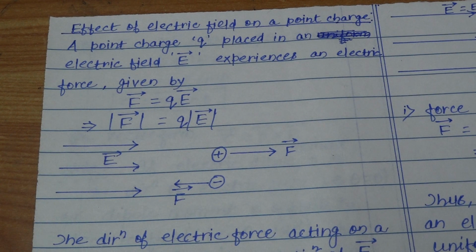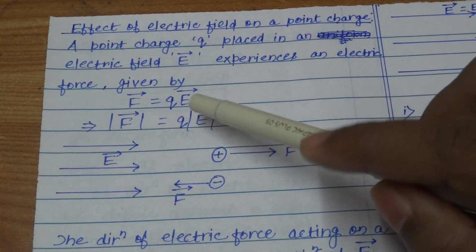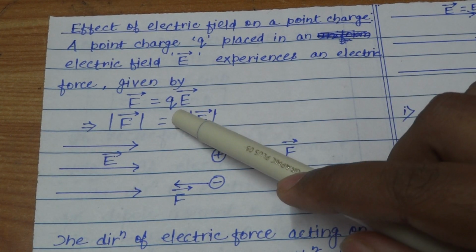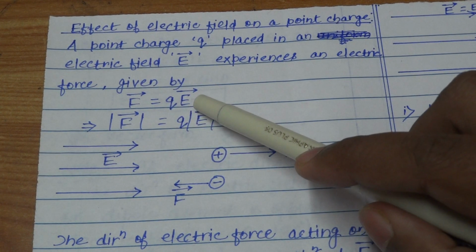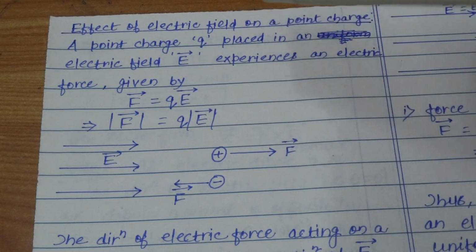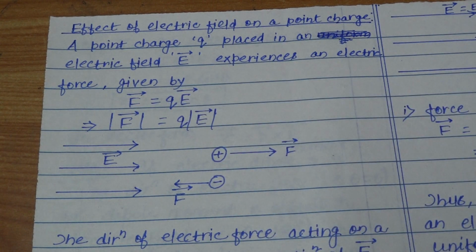Now this force is given by F equal to QE. Q is the charge that is placed inside the electric field and E is the electric field intensity. So whenever a charge is placed inside an electric field, the charge will experience an electric force, and the formula for that electric force is F equal to QE.